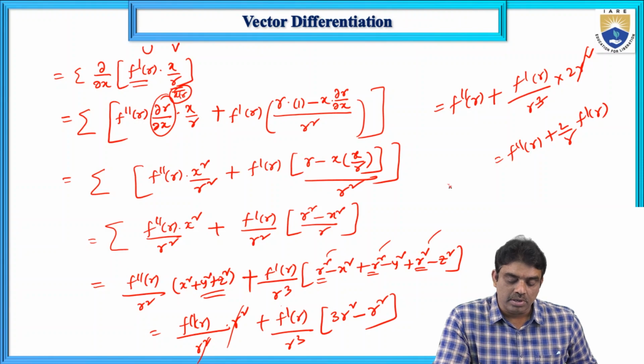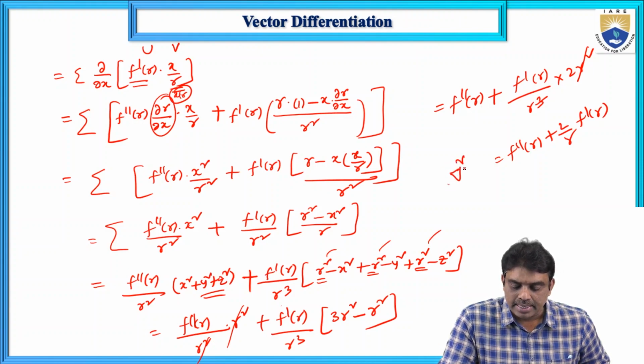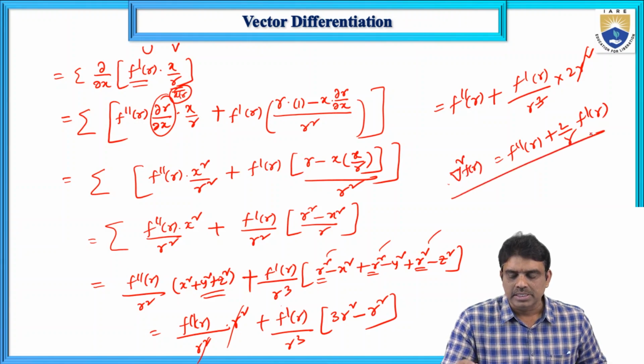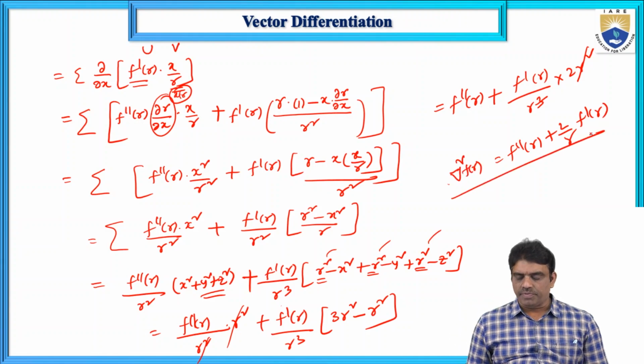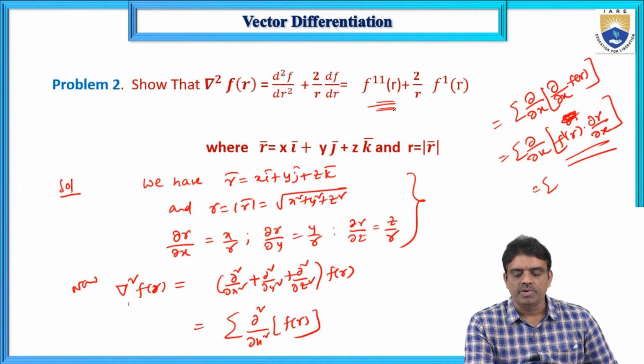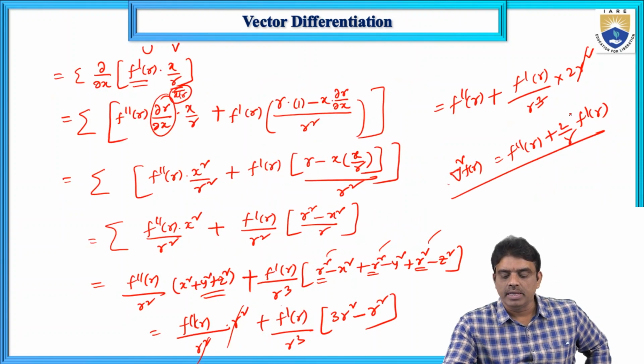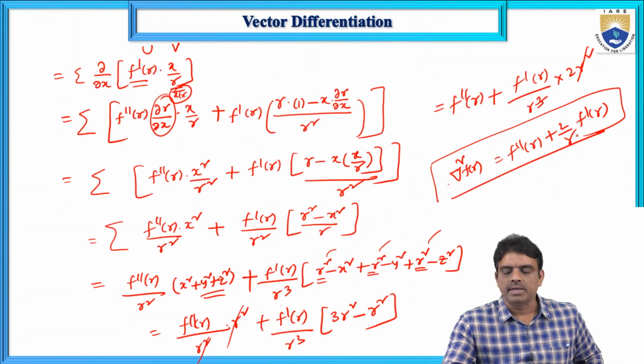So I can write div grad as del square f of r. So this is the required answer. Del square f of r is f double dash of r plus 2 by r into f dash of r, which is the required result.